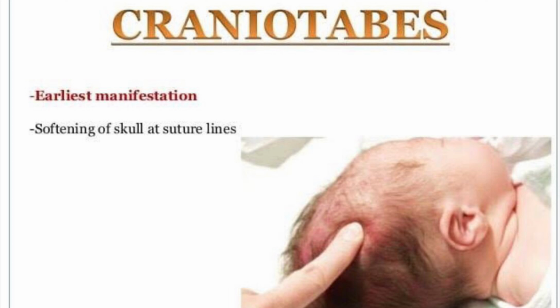The condition usually affects infants but may develop at any time during the period of growth. Craniotabes is the earliest manifestation of rickets seen in young infants. Pressure over the soft membranous bones of the skull gives the feeling of a ping pong ball being compressed and released.